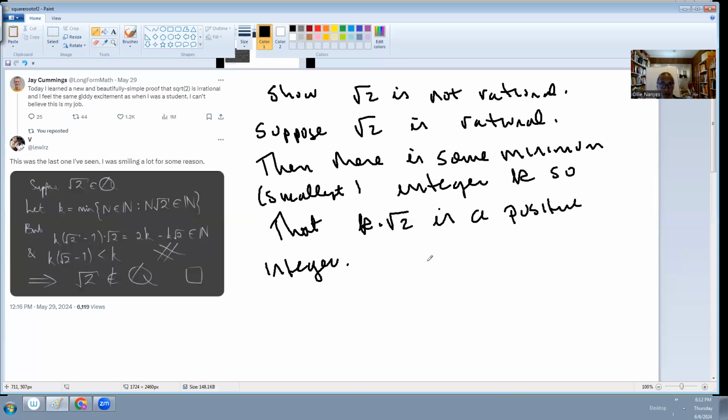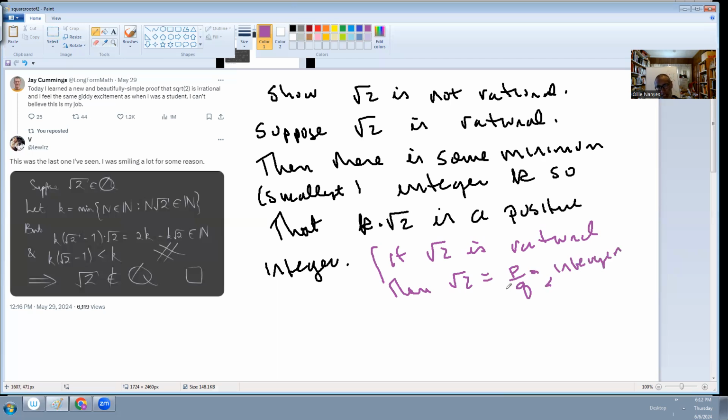Now, why? I want to give a little bit of background for the beginner. You might say, well, why is that? Well, if the square root of 2 is rational, then the square root of 2 can be written as p over q, where p and q are integers.